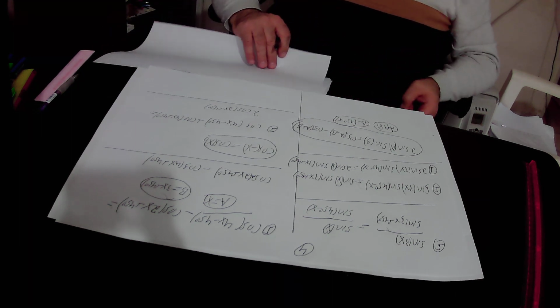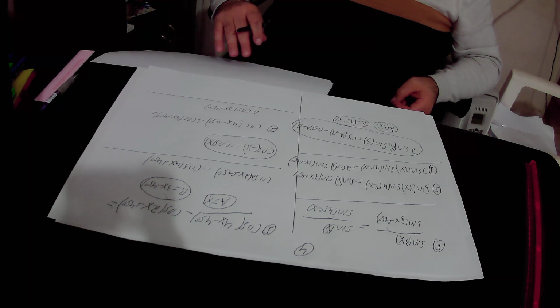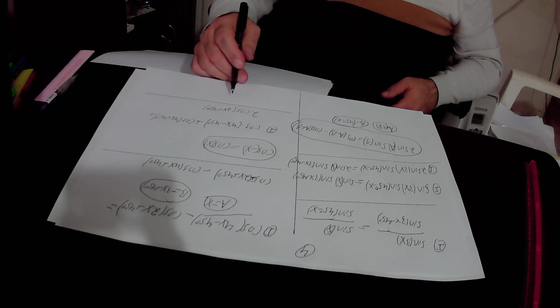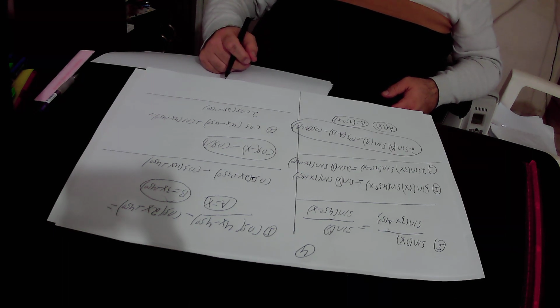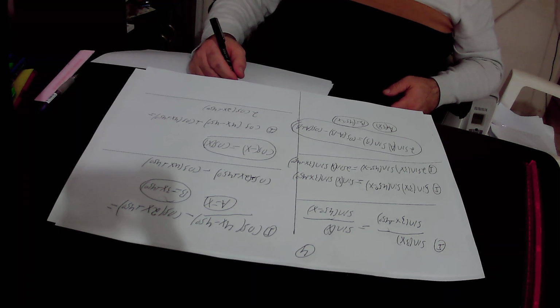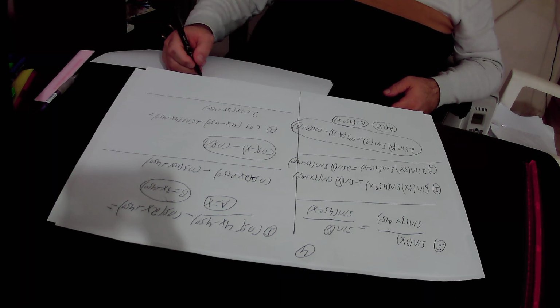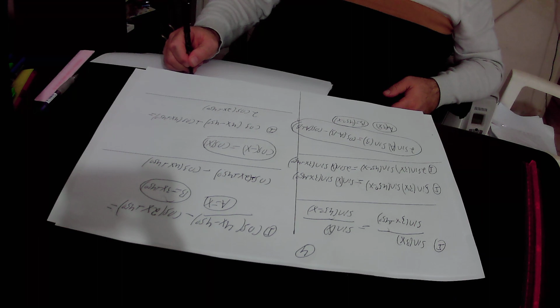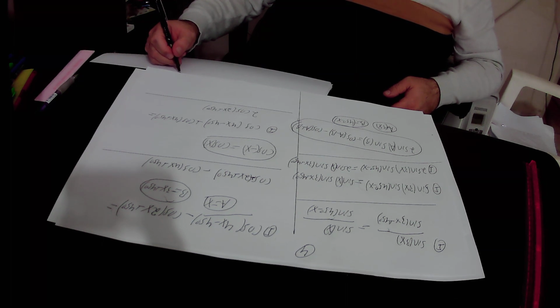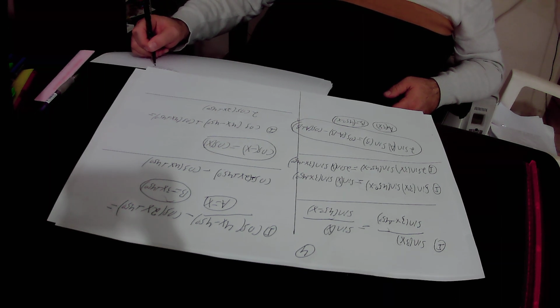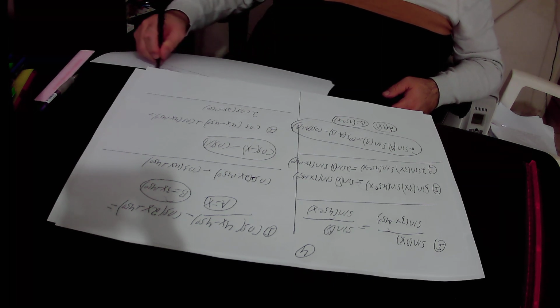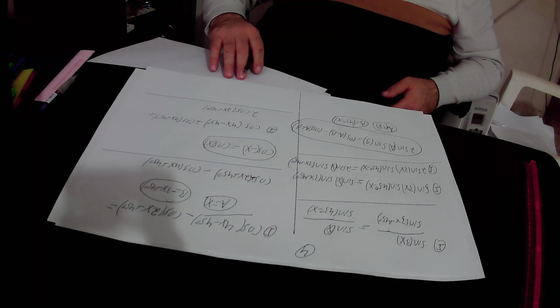And we also have the expression 2 cosine 2x plus 45 degrees, which is very similar to the trigonometric identity that states that cosine A plus B equals cosine A cosine B minus sine A times sine B. So we will use this trigonometric identity in order to simplify the expression 2 cosine 2x plus 45 degrees.